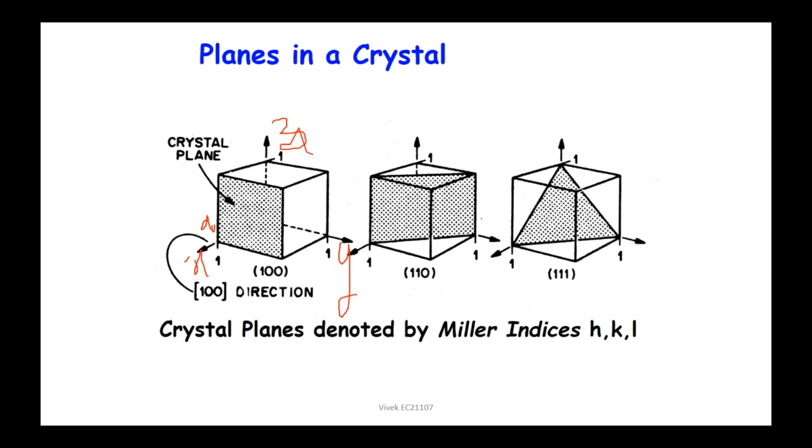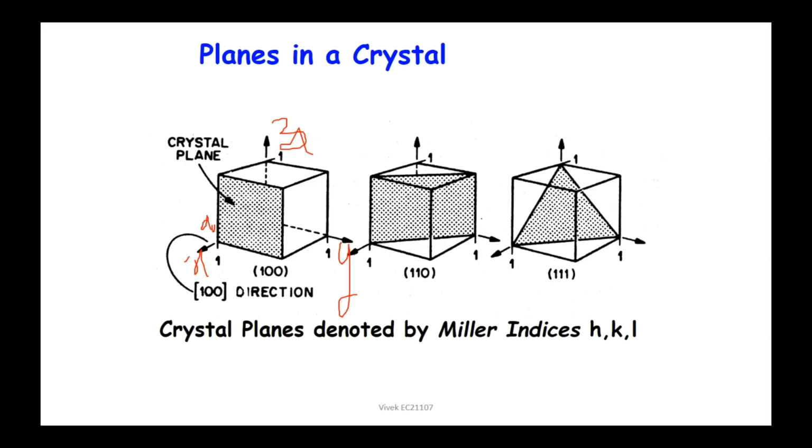Similarly, you have (110). That plane intersects the x-axis at a naught, the y-axis at a naught, and the z-axis at infinity. Similarly, plane (111) intersects the x-axis at a naught, the y-axis at a naught, and the z-axis at a naught.